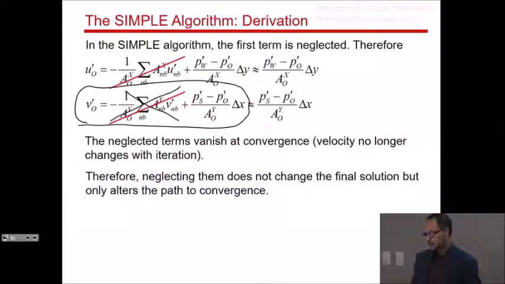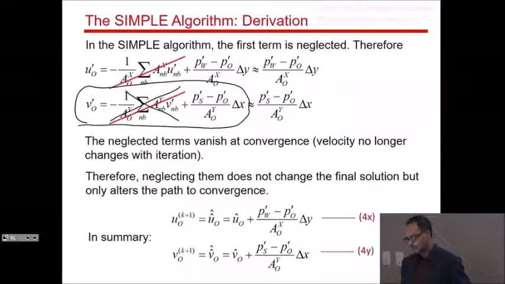So this is what Patankar and Spalding proposed, that we throw away that term, and therefore, when you do that, things become really, really simple. You can see u double hat minus u hat is your u prime. That's this guy.